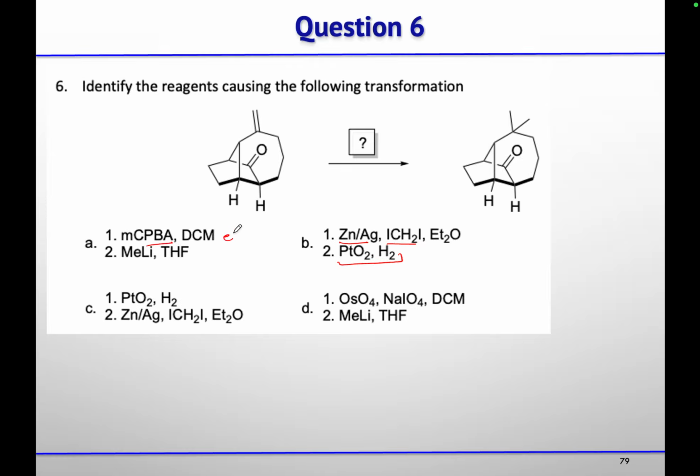In this case, first epoxide and then opening. In the second case, you will get the cyclopropane first, then opening of that cyclopropane ring. Then using Adams catalyst, you can reduce the double bond.